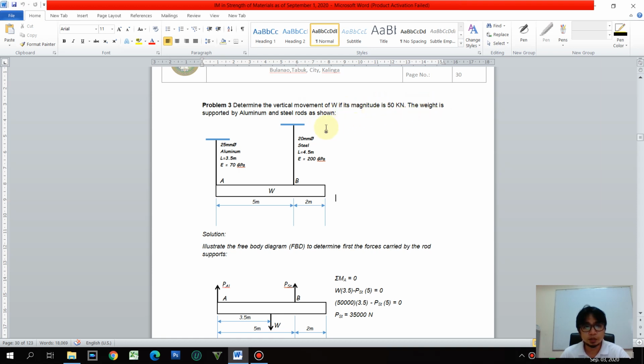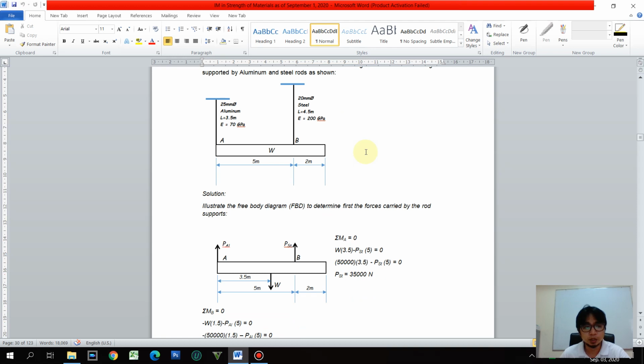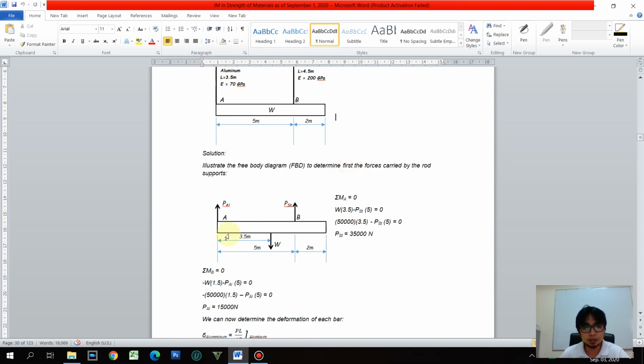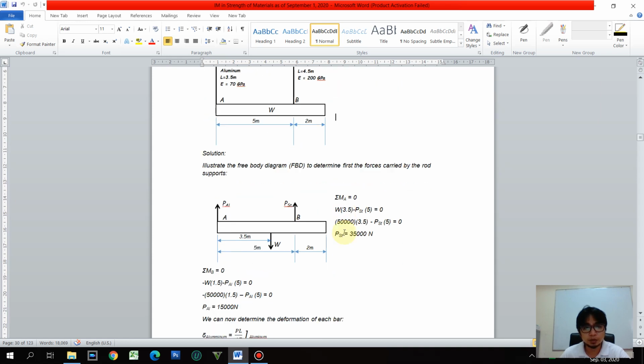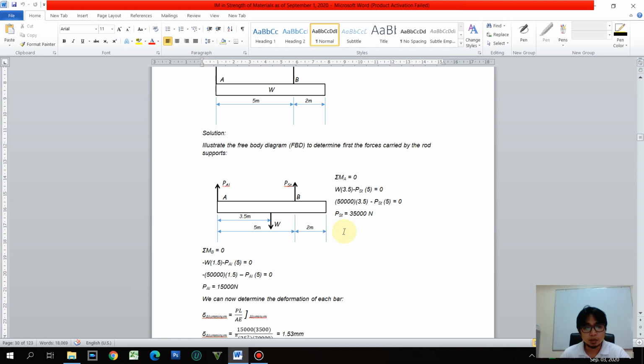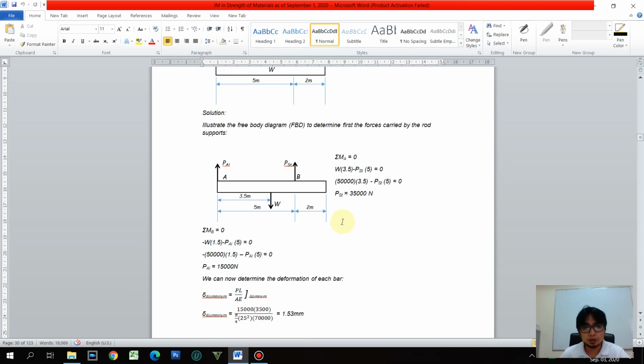The weight is supported by aluminum and steel rods as shown. So practically, number 1, we should initially illustrate the free body diagram of this one. And as we all know, we can right away determine the axial forces on these bars, aluminum and steel.